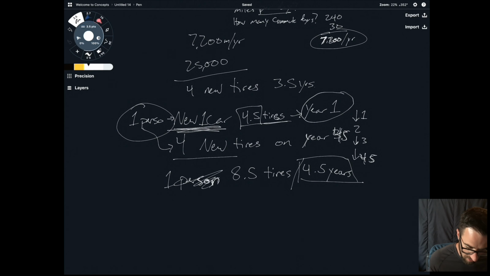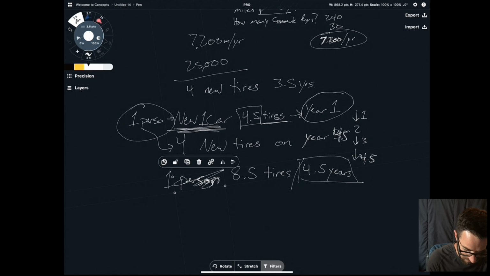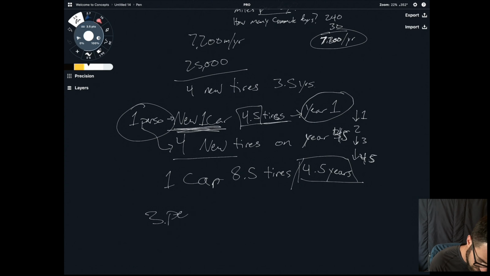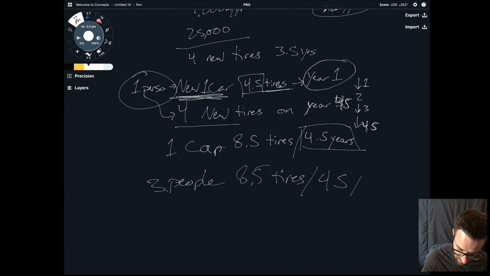So this should say car here. One car has 8.5 tires in 4.5 years, which means 3 people get 8.5 tires every 4.5 years.